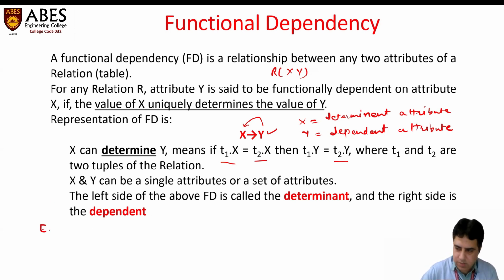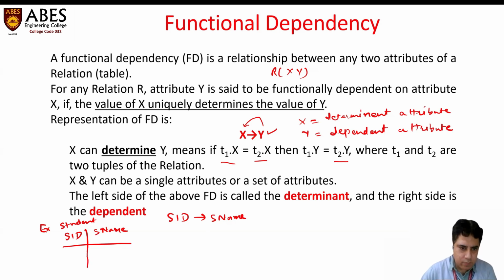Let us take a simple example. There is a relation Student with two attributes, student ID and student name. If we say that student ID determines student name, there are four cases.